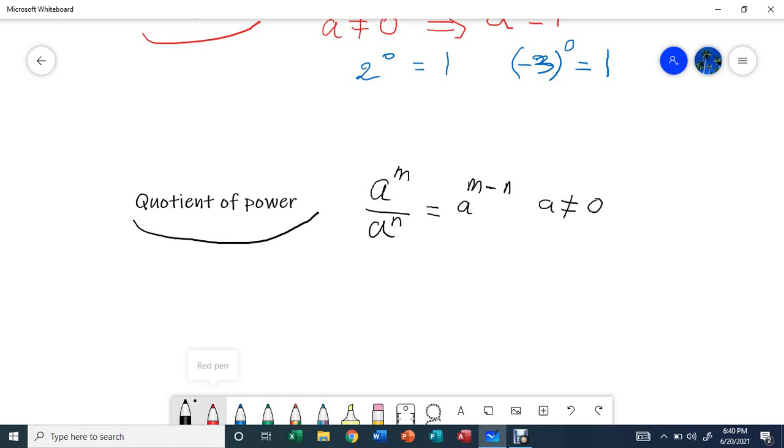Example, 10 to the 5th power over 10 to the 2nd power.